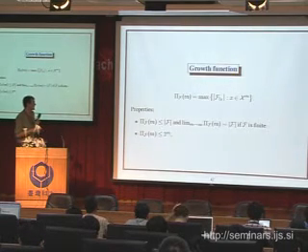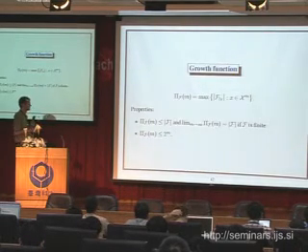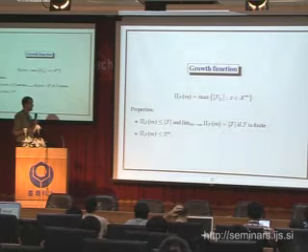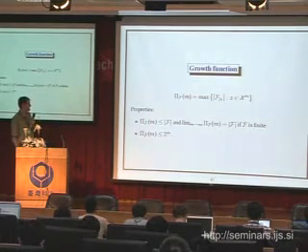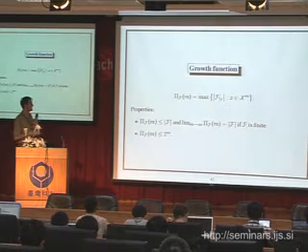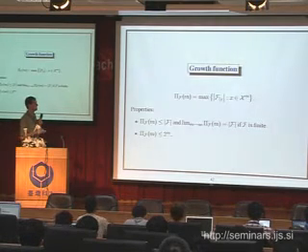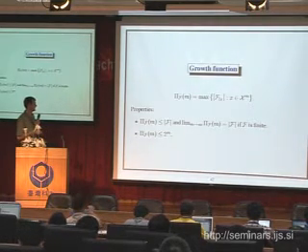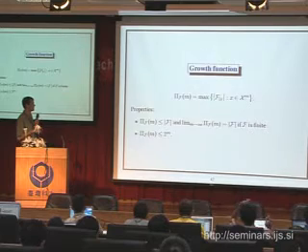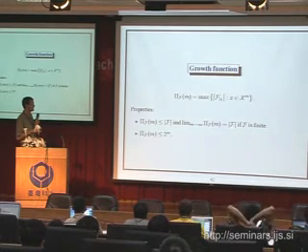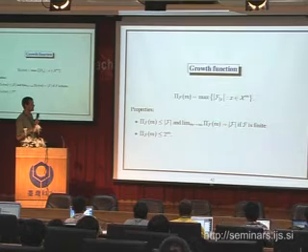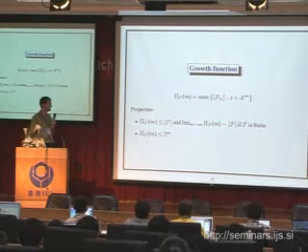A couple of obvious things: if we've got a finite class of functions F, then the growth function is no bigger than the cardinality of the class. We can't have the number of restrictions exceeding the number of functions. And clearly, as m goes to infinity, the growth function must approach the cardinality of the class.